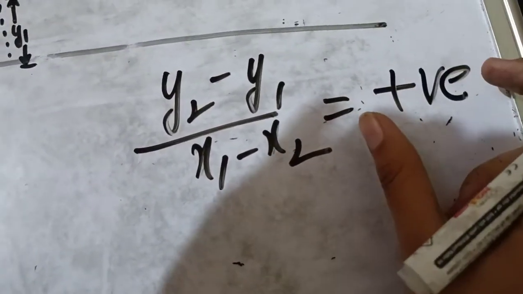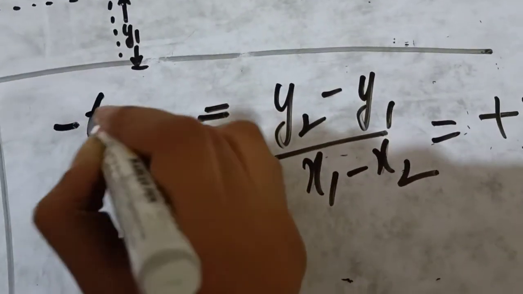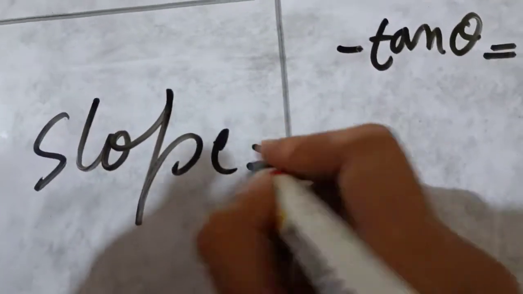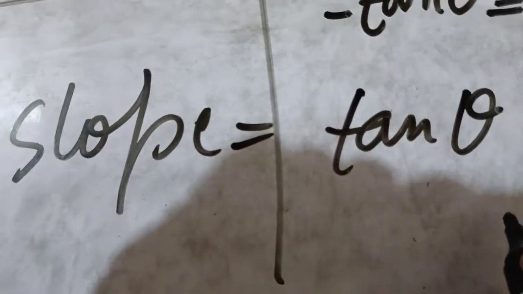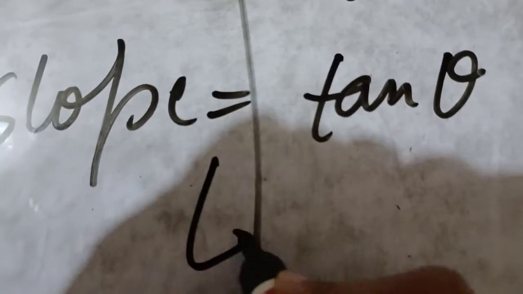But keep one thing in mind, that this is equal to minus tan theta, and we know that the slope is equal to tan theta only. That means the slope you are getting will be negative.